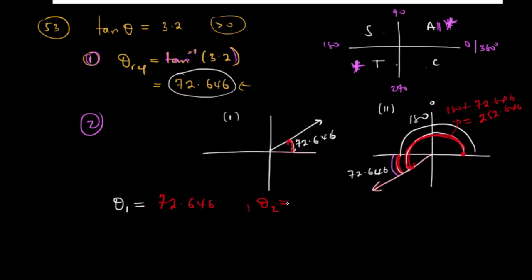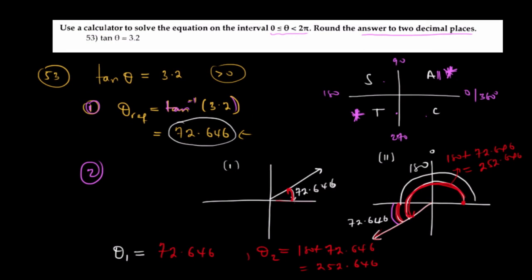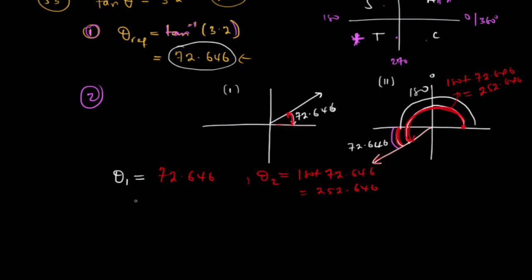In other words, your theta 2 is 180 plus 72.646, which is 252.646. We were told to round our answers to 2 decimal places. So rounded to 2 decimal places, this is 72.65, and this is approximately 252.65. These are the two solutions we obtained.